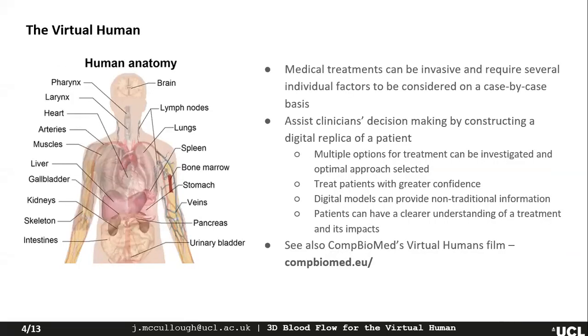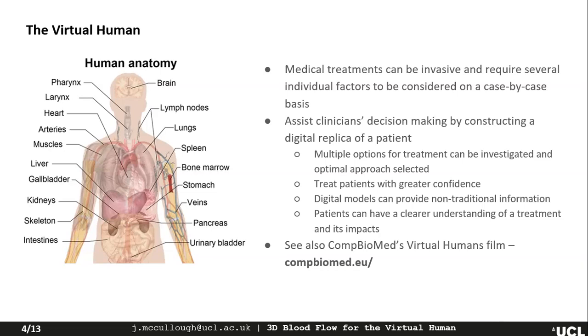So, the virtual human. As everyone should be well aware, the human anatomy is a complex system of interacting organs and systems of nerves and blood vessels and, in the current world, the immune system and many other interacting factors. And all of these are unique to each individual person.